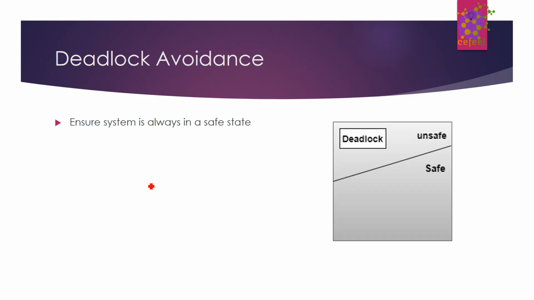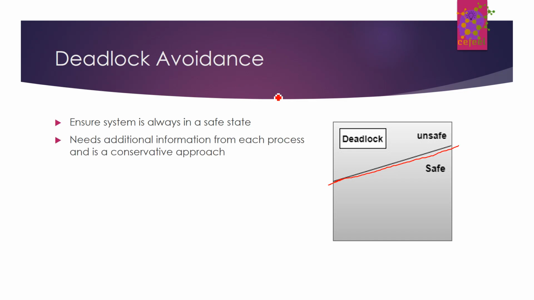Deadlock can occur only in an unsafe state. It's possible that in an unsafe state deadlock doesn't occur, but in the avoidance mechanism we just avoid the unsafe state altogether, and this sometimes is a huge cost to the system as well.